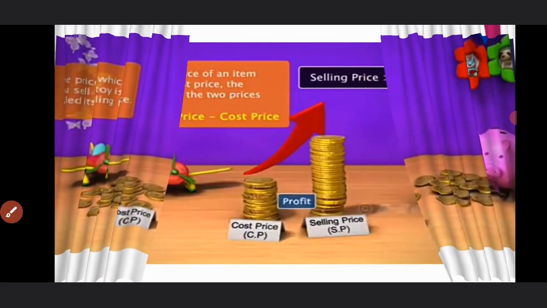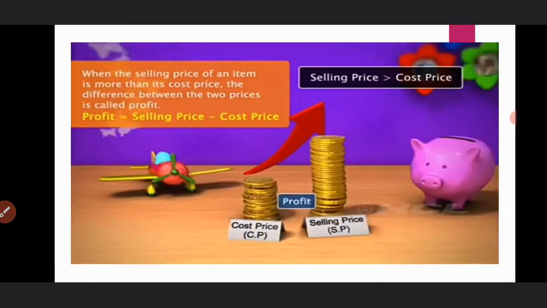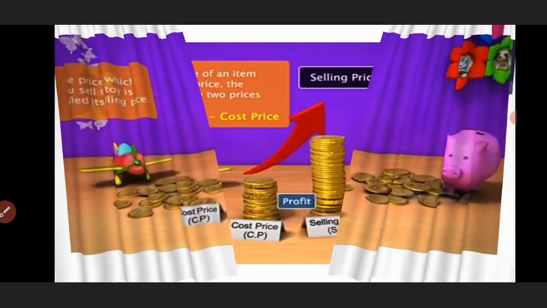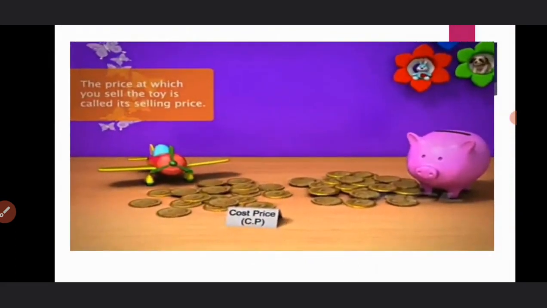Now, we also know that the price at which we are selling the product is its selling price. For example, Sam has bought the watch. He paid some amount just to buy the watch. The amount he paid to the shopkeeper was the cost price. And now his father is asking him to sell it again.